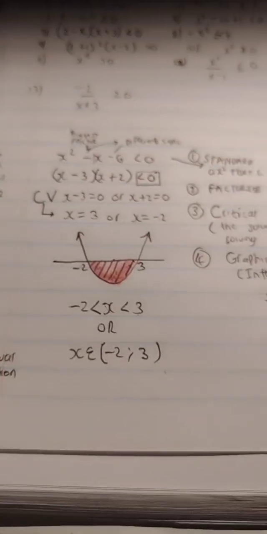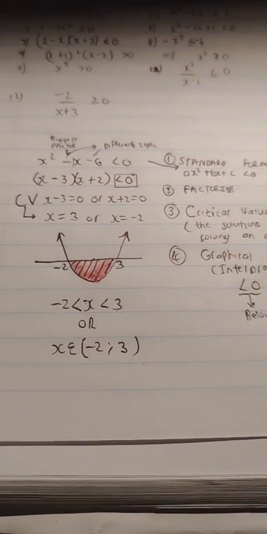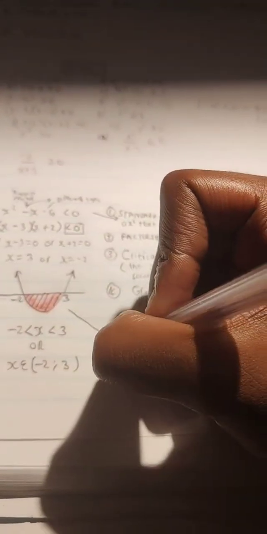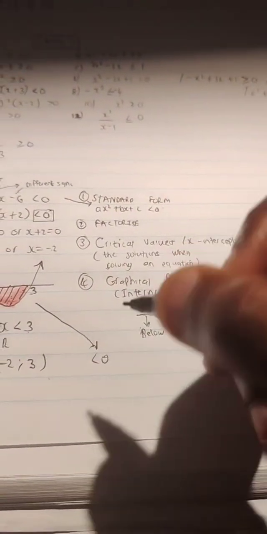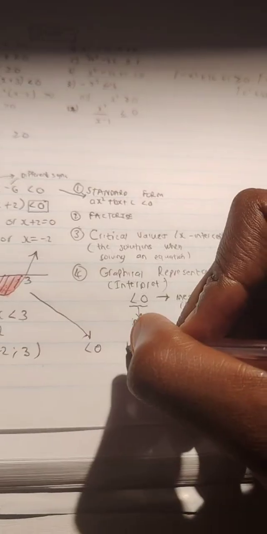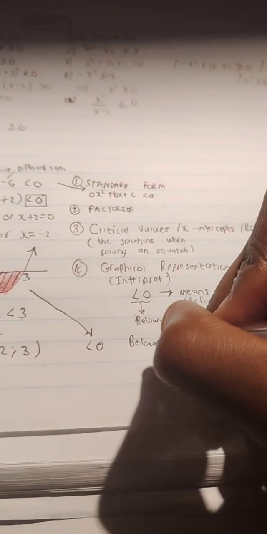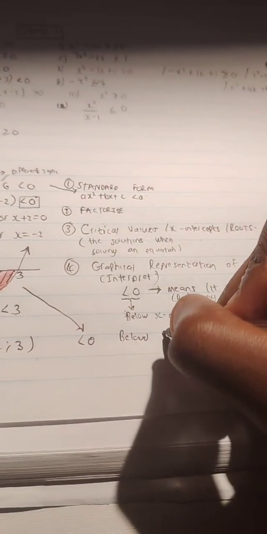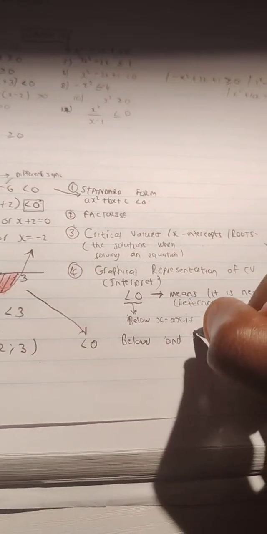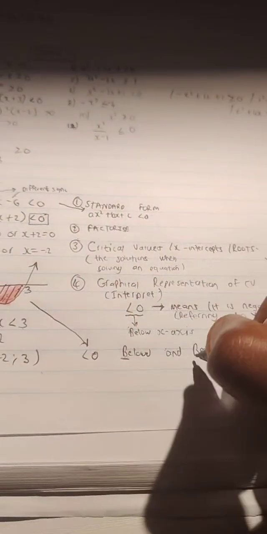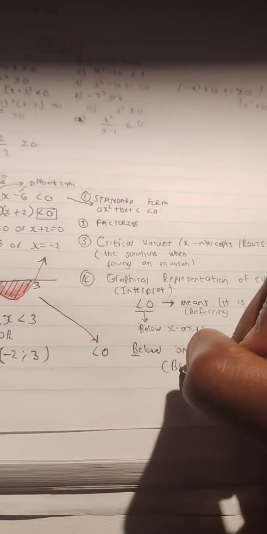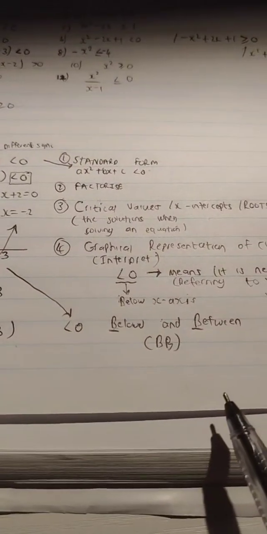Okay, so that's why I usually say that this sort of conclusion of less than 0 is a typical situation of below and between. I usually say to the learners that this is a BB situation.